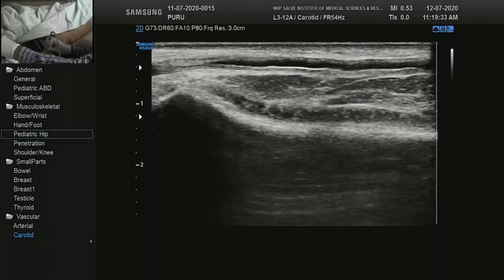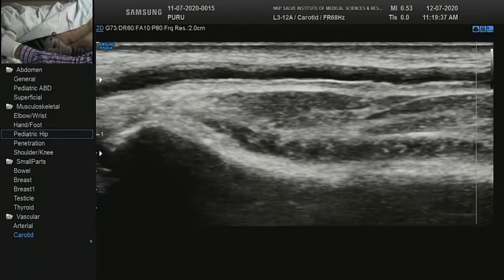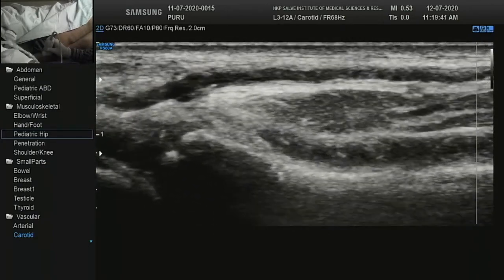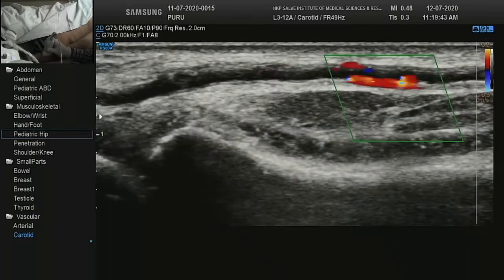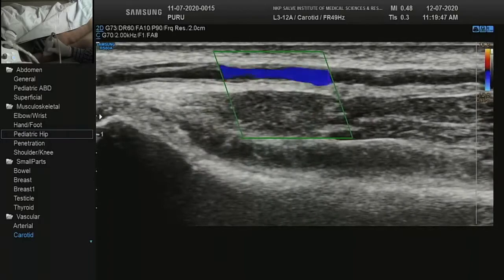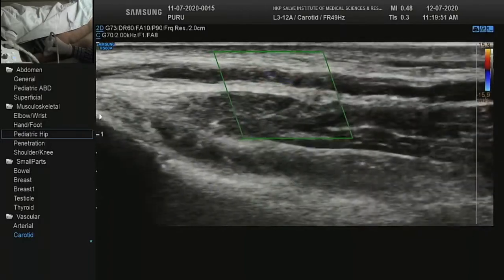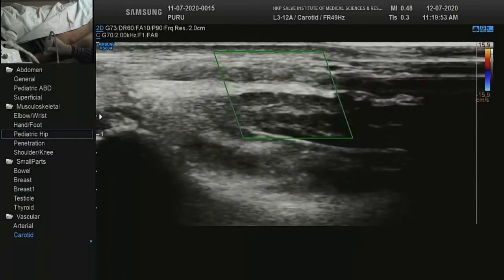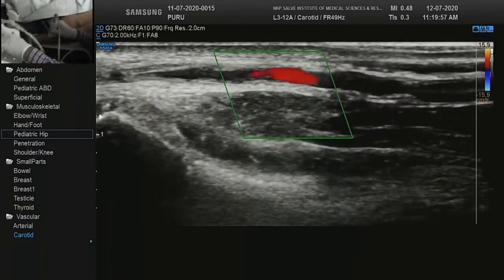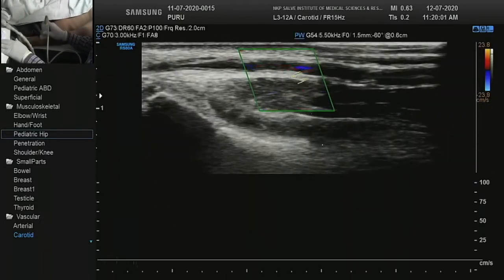So this is the radial artery. See those pulsations. So again this is making a parallel. What I am doing is angling my probe so that I can get an angle for spectral measurement or for velocity measurement.